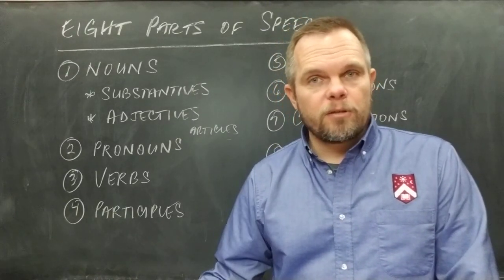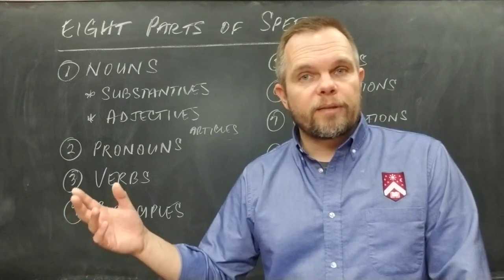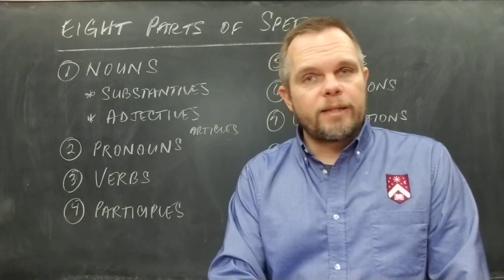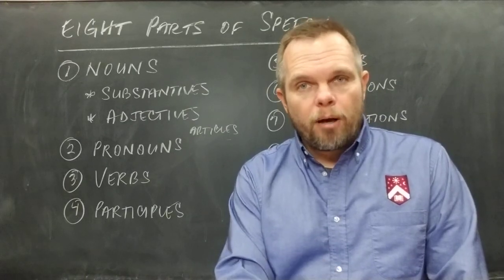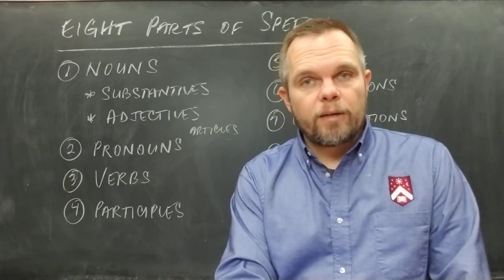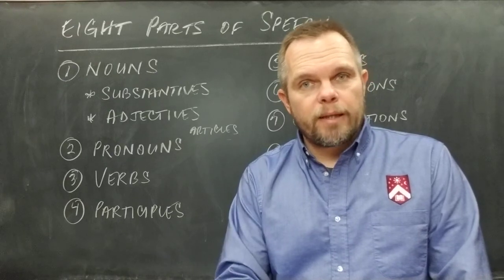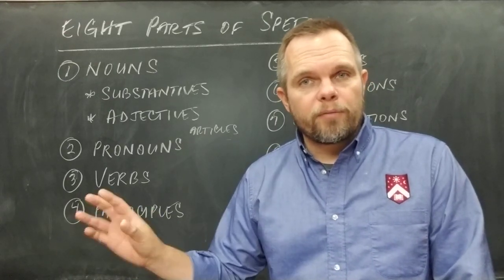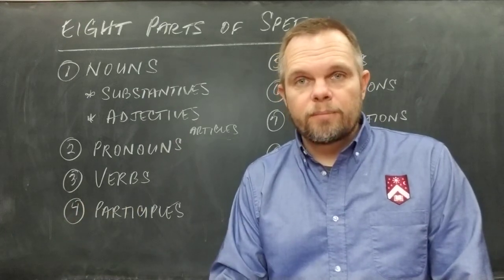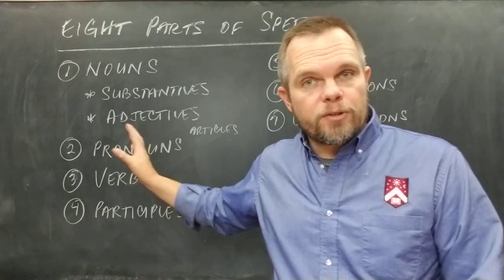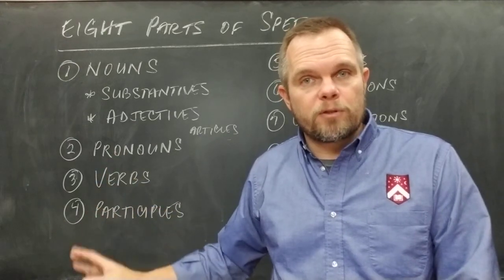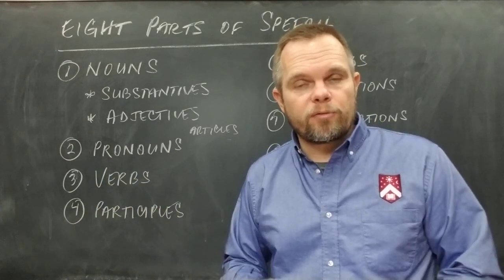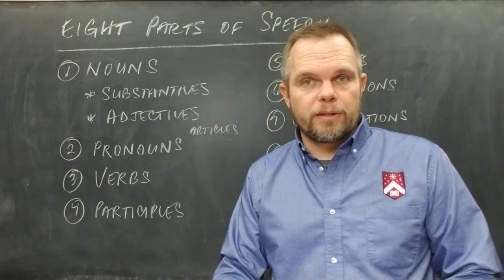But in classical Latin and Greek, we learn that there are 8 parts of speech, and when we come back to English, we can see that the same 8 parts of speech are found in English, but they need some clarification. And so we're going to maintain that the number of the parts of speech in English is 8, and we'll understand what the 8 parts of speech are and how English requires a little bit of explanation for us to number the parts of speech at 8.